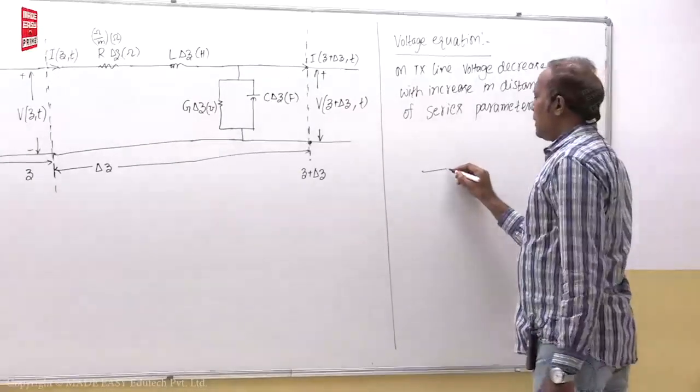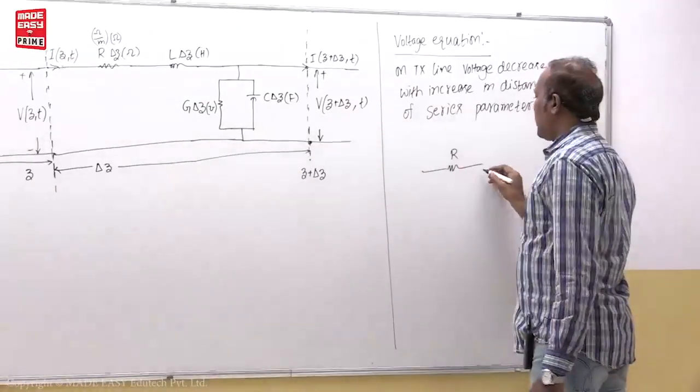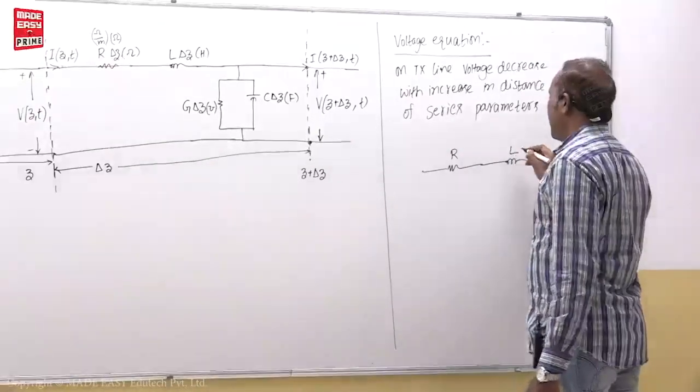So one series parameter is R and the other series parameter is L.